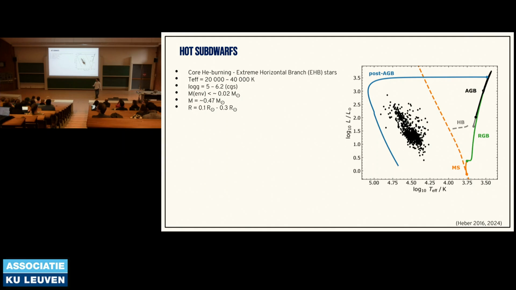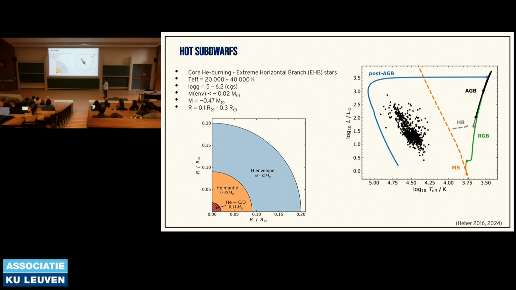It has a convective core where the star starts to burn helium into carbon and oxygen, on top of that a helium mantle, and on top of it a really thin hydrogen envelope. The radius is around 10 to 30% of the sun.